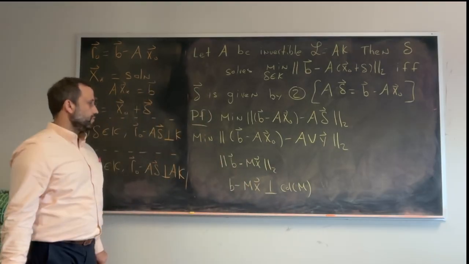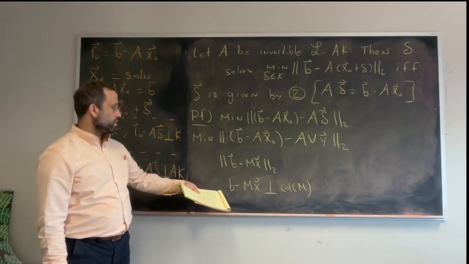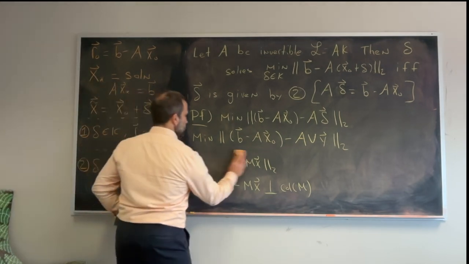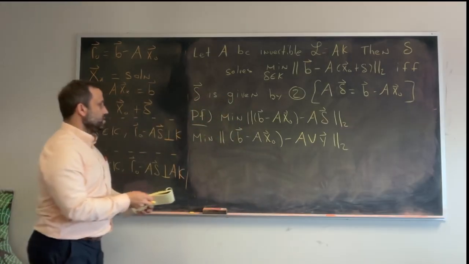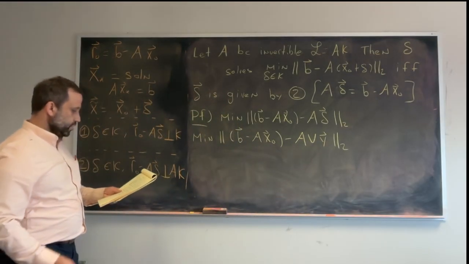That's what we saw in a couple of videos. The x that minimizes this is the x where the residual B minus Mx is orthogonal to the column space of M. So what does that mean? This whole big thing is the residual.